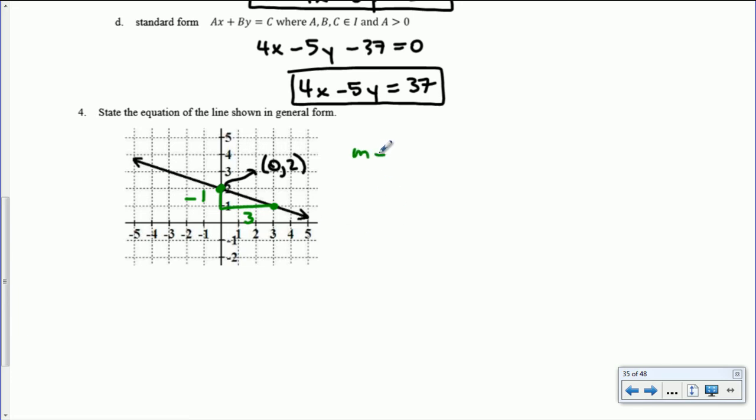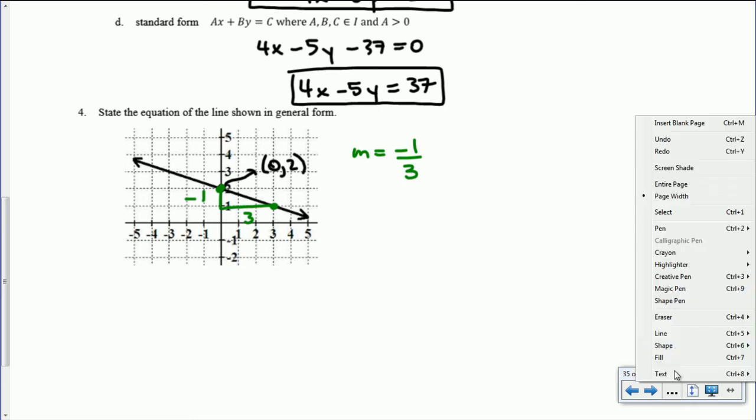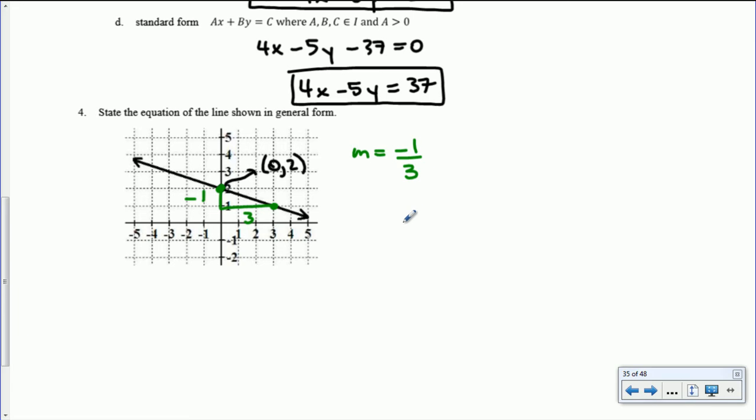So slope is rise over run, negative 1 over 3. So I can take this information and put it into slope-intercept form. So mx plus b. So negative 1/3 x plus 2, right? Because that's b.